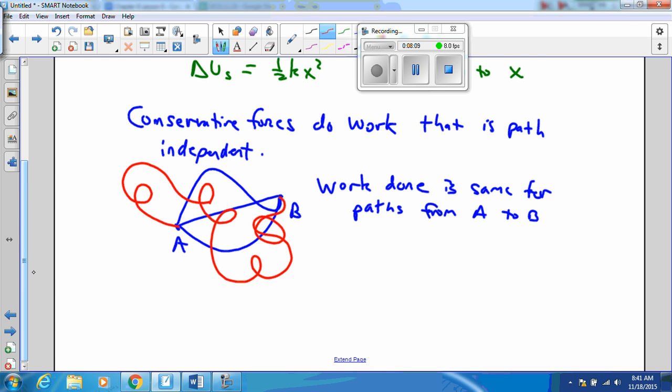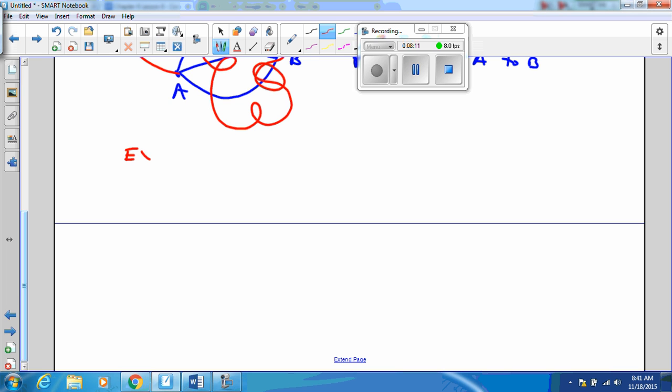Now here's why this matters. Check this out. Suppose I have a roller coaster. And my roller coaster really does look like this. And I want to know how much work is done as the coaster falls. How much work is done by gravity as the coaster falls from here all the way down to here? And the answer is, it does not matter what the path is, because gravity is a conservative force.